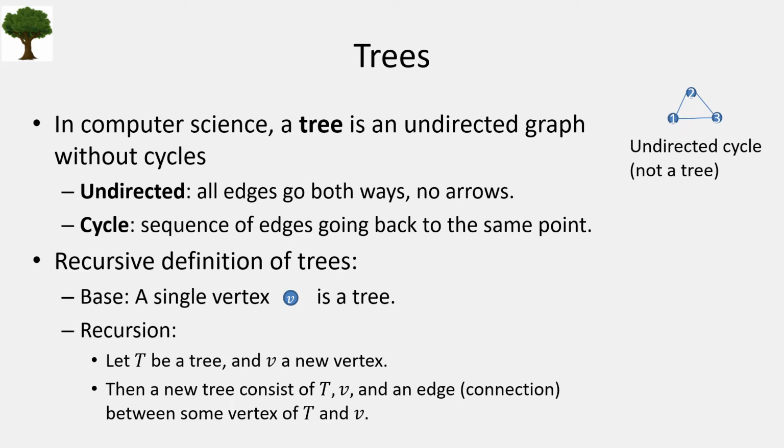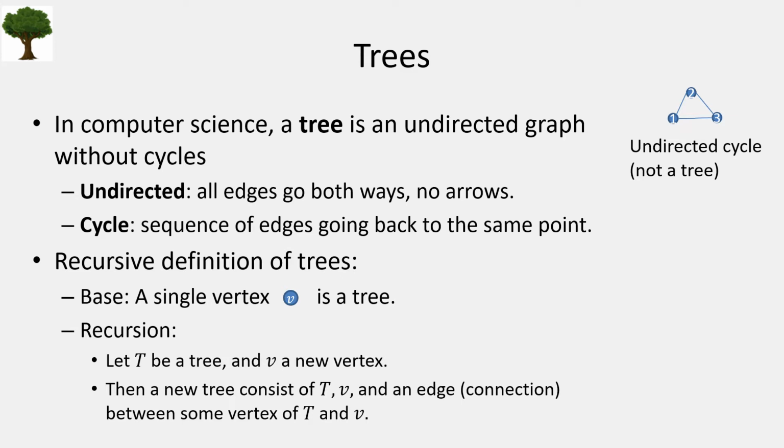And something is a tree if there is no cycle, that is, for any two vertices there is only one short way to get from one vertex to the other one, you cannot go two different ways, you cannot go around in circles.